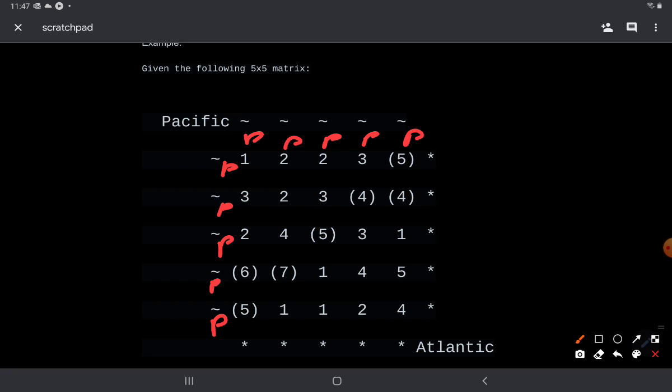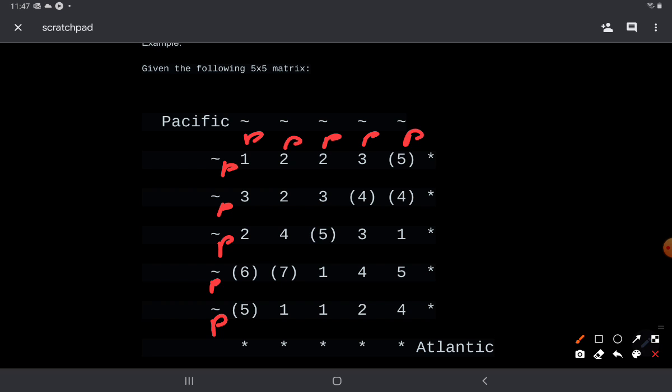So we start with these cells and find cells which are neighbors of these cells and have a higher or equal altitude or height to the cell we are checking, and in case it is, then it is also accessible from Pacific.